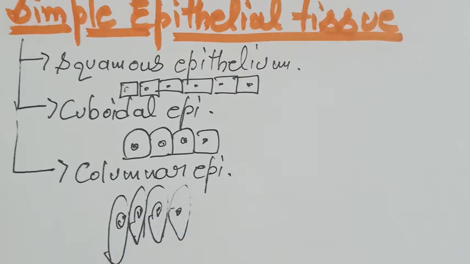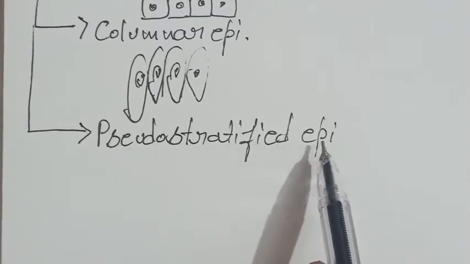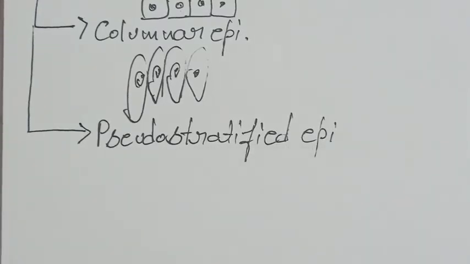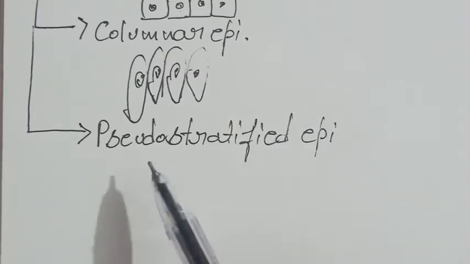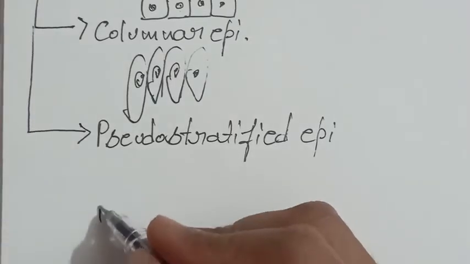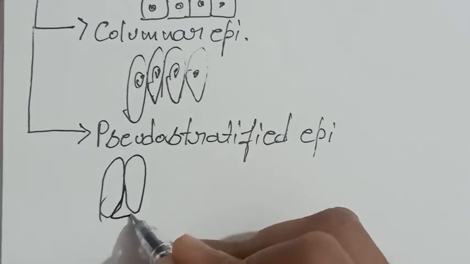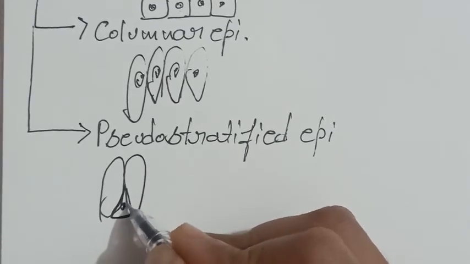Next to columnar epithelium is pseudo stratified epithelium. Pseudo means false. This type of epithelium contains two types of cells: one, long pillar like cells, and second, short cells.